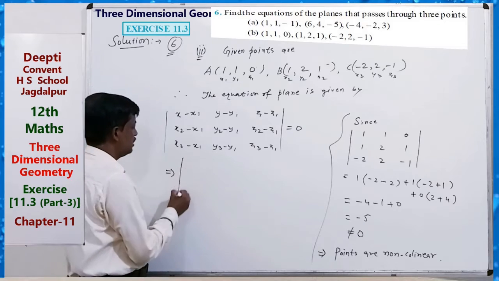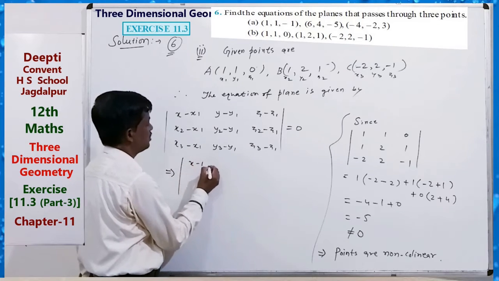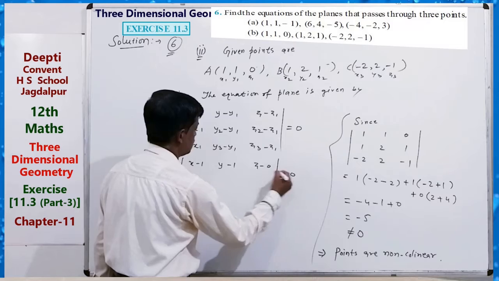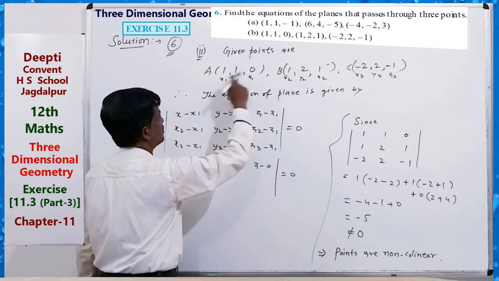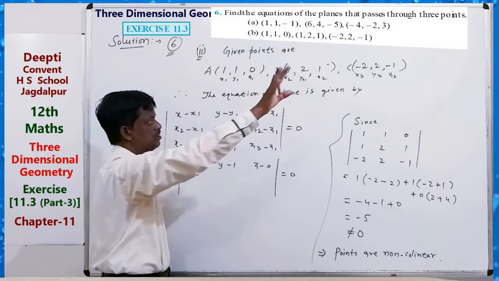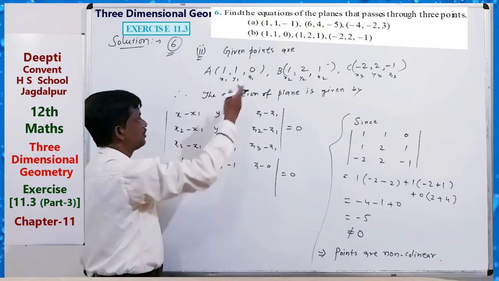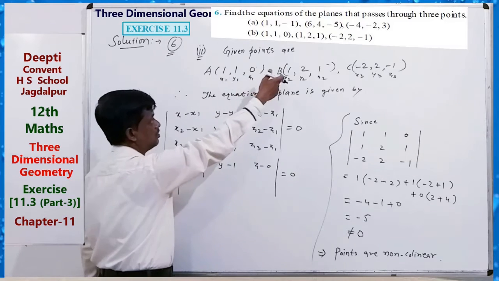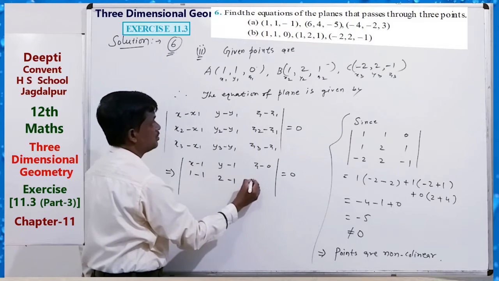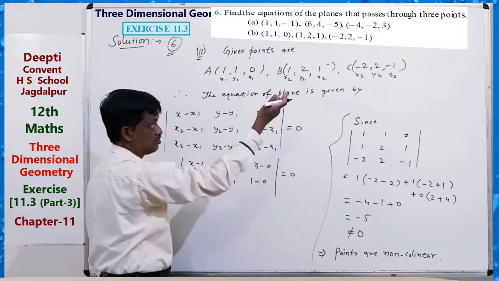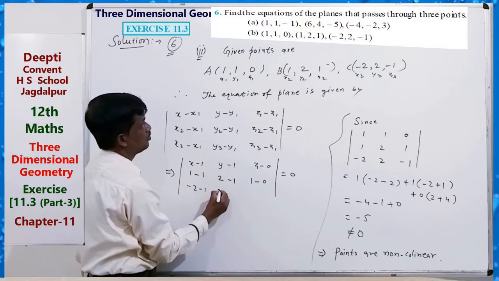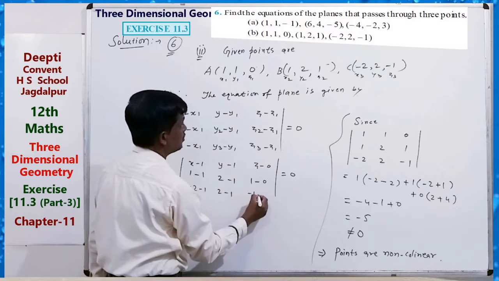So here, x minus x1 means x minus 1, y minus y1 means y minus 1, z minus z1 means z minus 0 equals to, now x2 minus x1, y2 minus y1, z2 minus z1: 1 minus 1, 2 minus 1, 1 minus 0; and x3 minus x1: minus 2 minus 1, 2 minus 1, minus 1 minus 0.